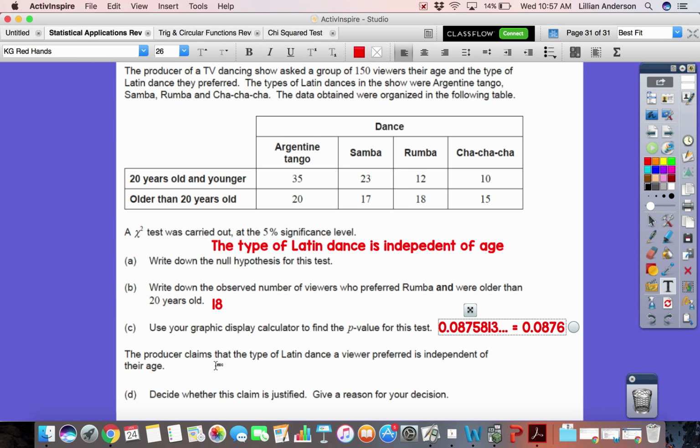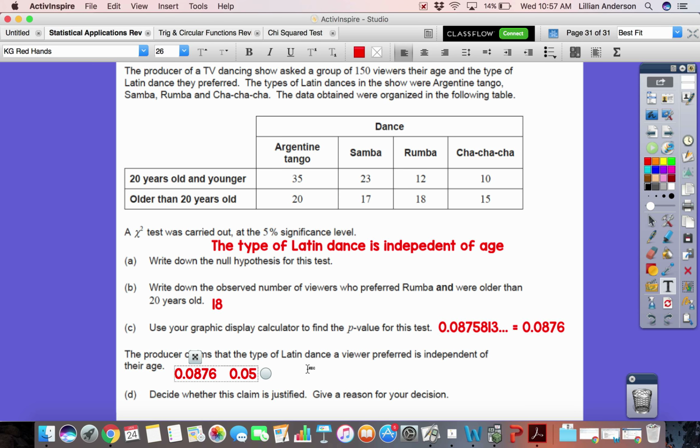Now it says the producer claims that the type of Latin dance a viewer preferred is independent of their age. We have to decide whether the claim is justified. Okay? Well, since we have the p-value here, we will want to compare with our significance level. Okay, 5% as a decimal is written as 0.05. And so we have to compare that to 0.0876.